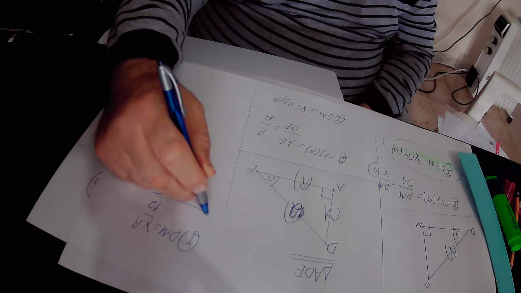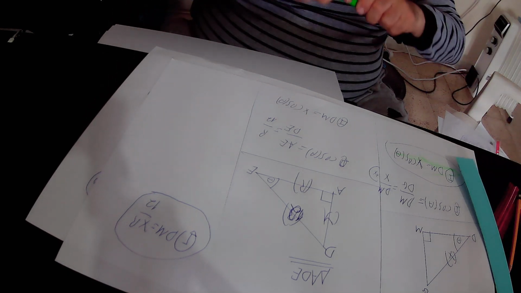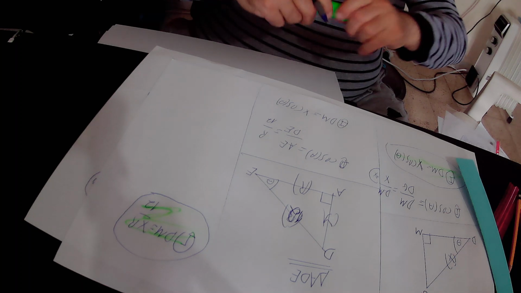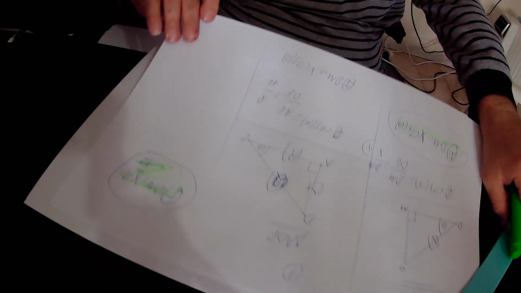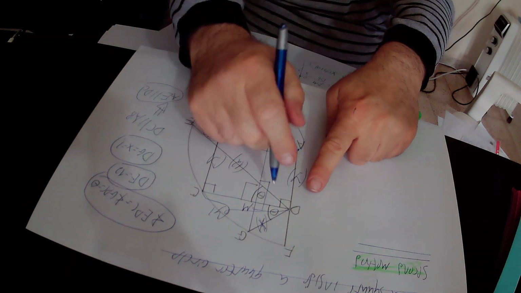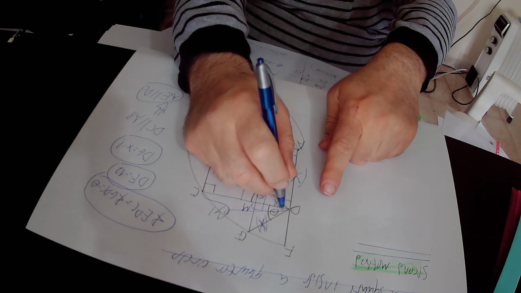In conclusion, DM equals xR over 12. Yeah, this side DM equals xR over 12.